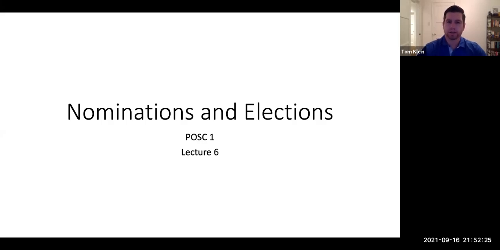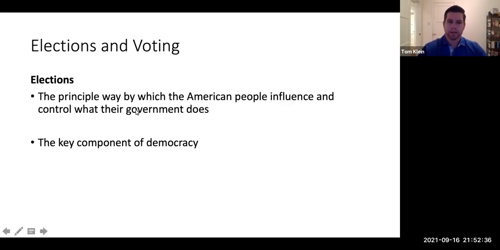Today we're going to be talking all about nominations and the election process, essentially how politicians run for office. So let's go ahead and start by defining elections, which I'm pretty sure we all know what they are, but let's get the definition in there so we can have some context for what we're talking about.